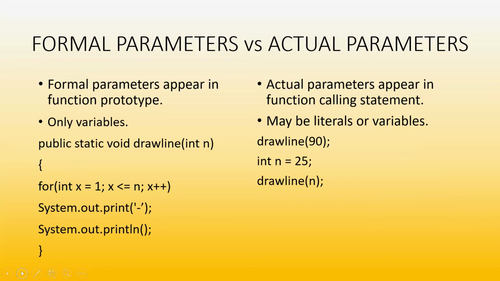For example, if the parameter list is int n and string s, then the actual parameters have to be an int value, and after that there should be a string value. The order, the number, and the type of the parameters cannot change. They have to be the same.